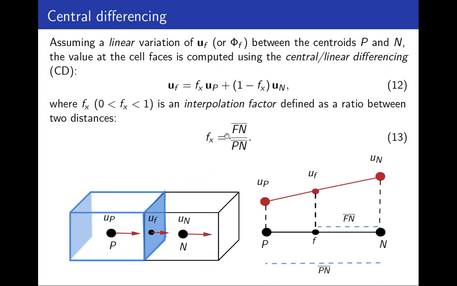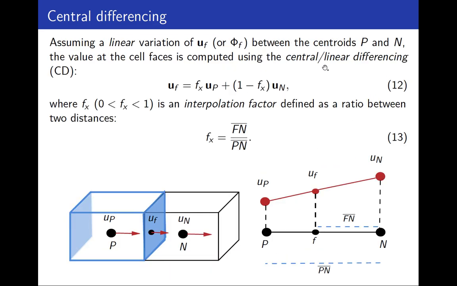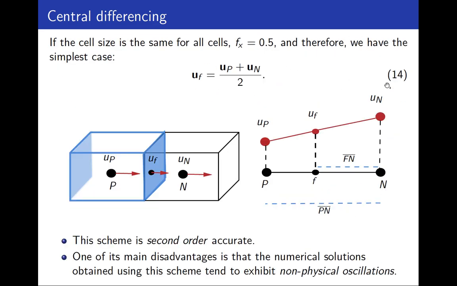Then in equation 13 the interpolation factor becomes 0.5, and equation 12 becomes equation 14, which you can see is an average: the value at the cell face is just an average between the velocity at the cell centroid P and the velocity at the cell centroid N.